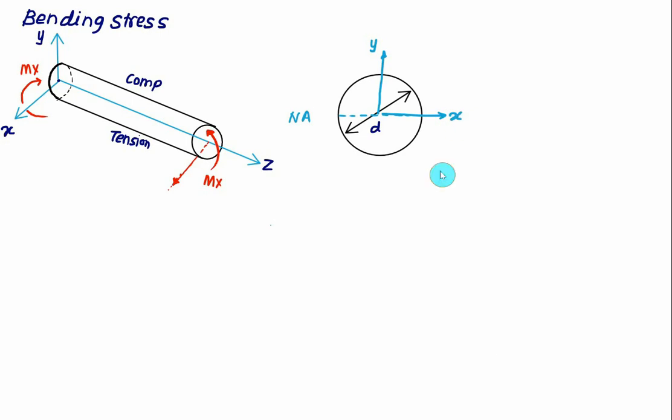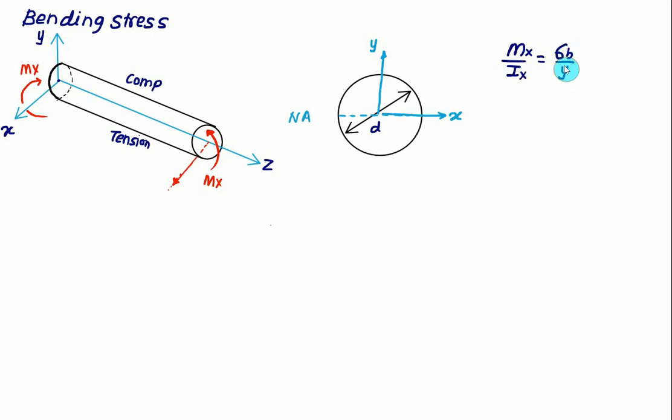If you are familiar with the flexure formula, it is given as M, the bending moment, divided by the moment of inertia I. If you have a bending moment about the x axis, you have to take the moment of inertia about the x axis, and this is equal to the bending stress divided by y.